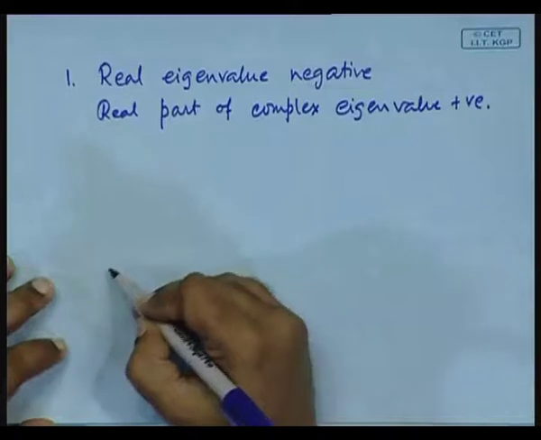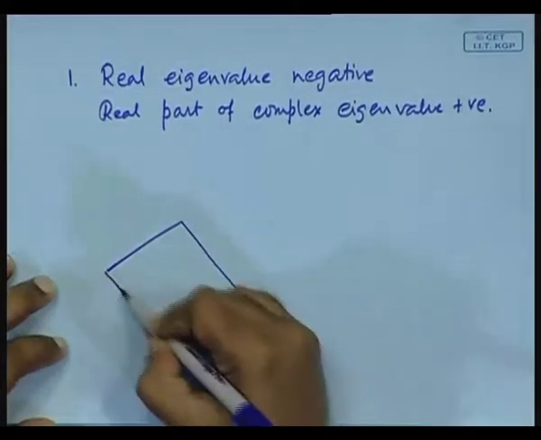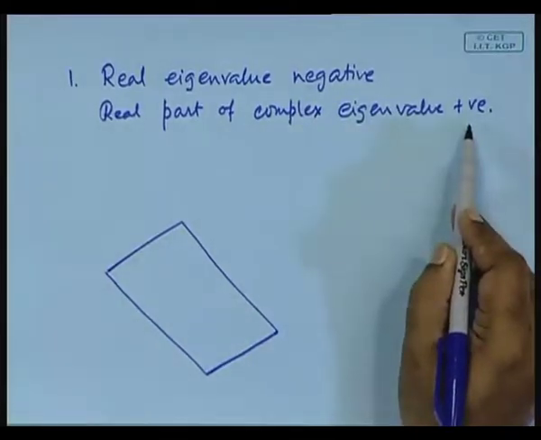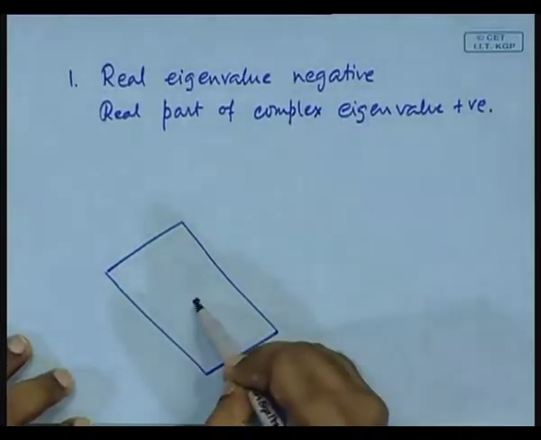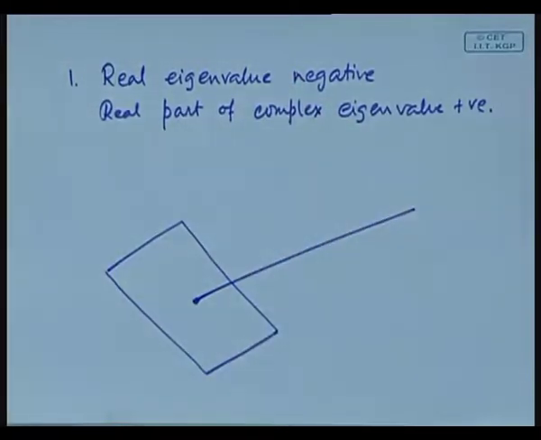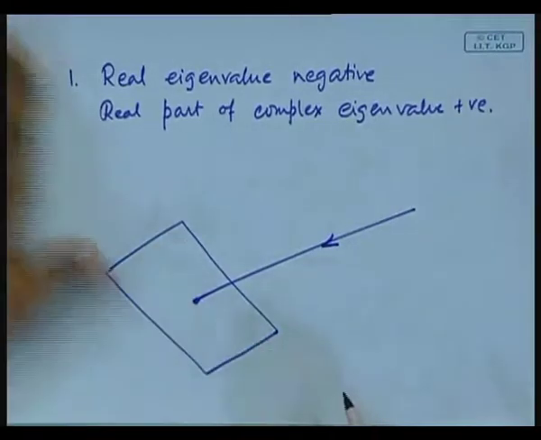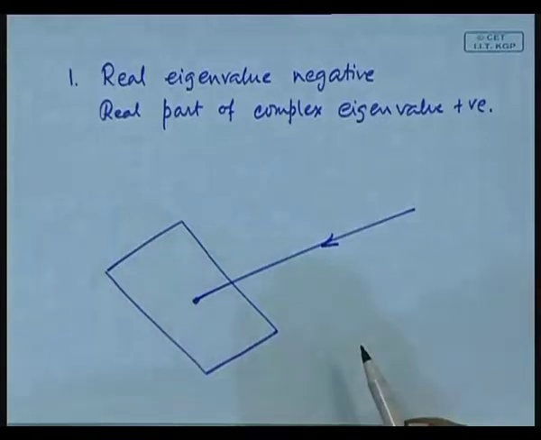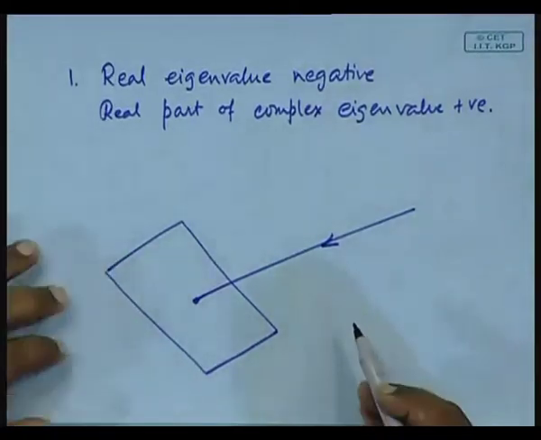Again there will be a plane associated with that complex eigenvalue, and there will be an eigen direction associated with the negative eigenvalue. This is negative, so it is contracting, and this is 0 0 0, the origin, or in this case the equilibrium point.